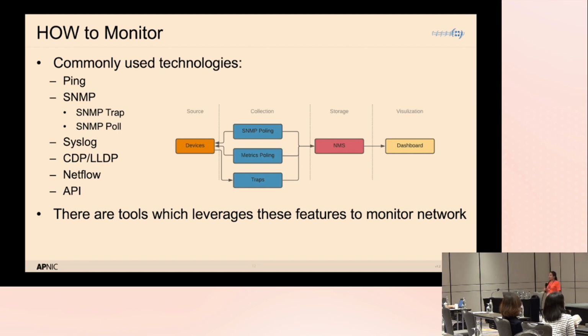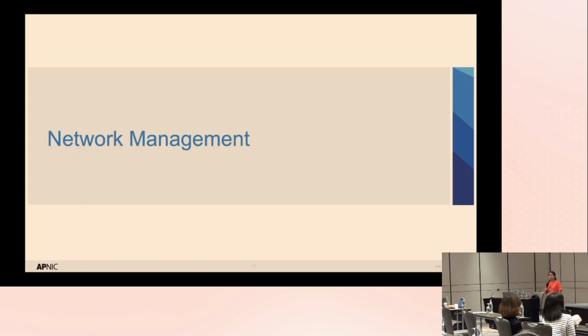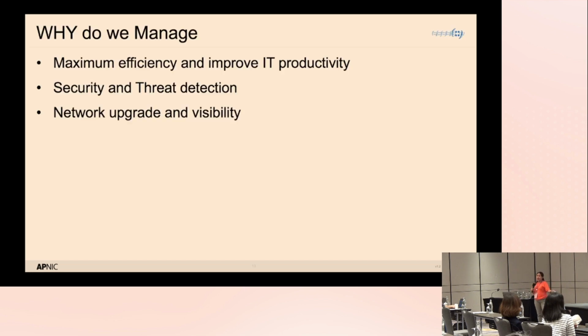Now for network management, again, looking at the how, the why, and the what. Why do we manage? What is it used for? Again, it's for maximum efficiency and to improve the productivity of your IT systems. We want to maximize the resources available to us.